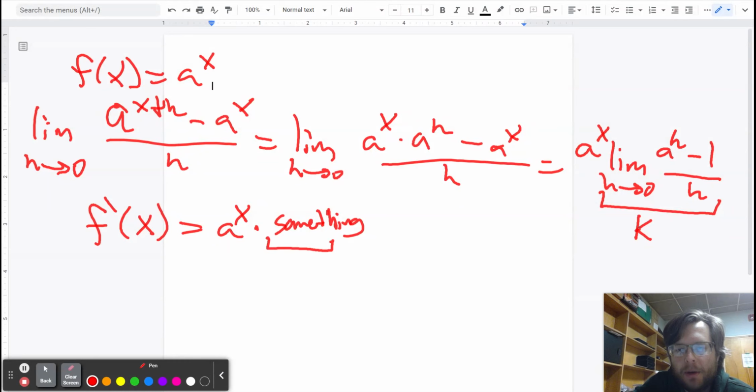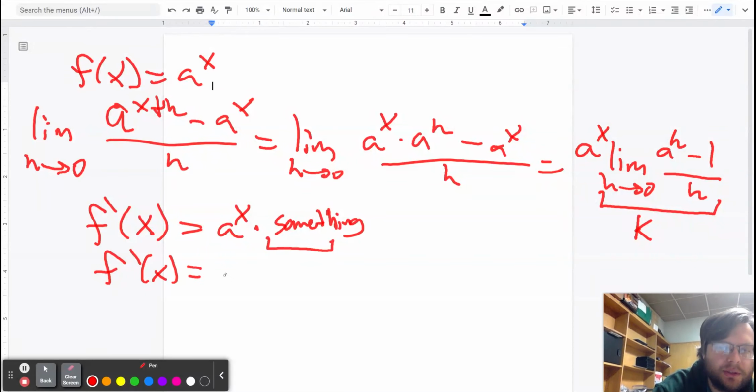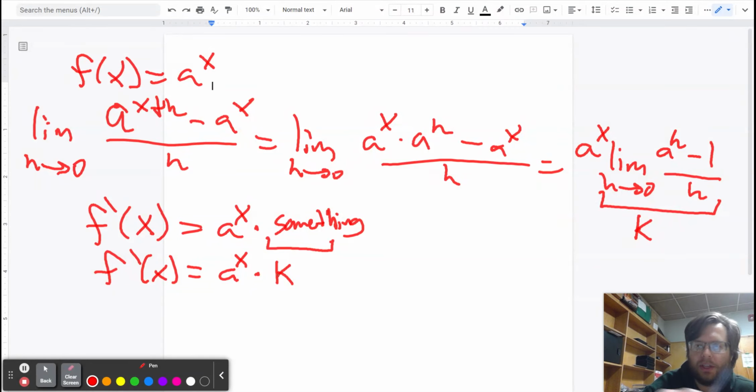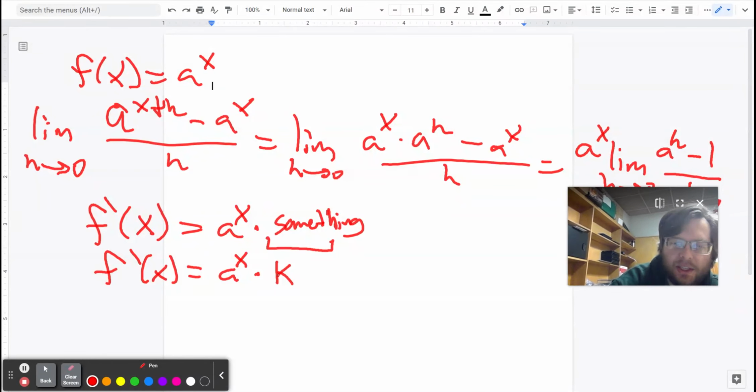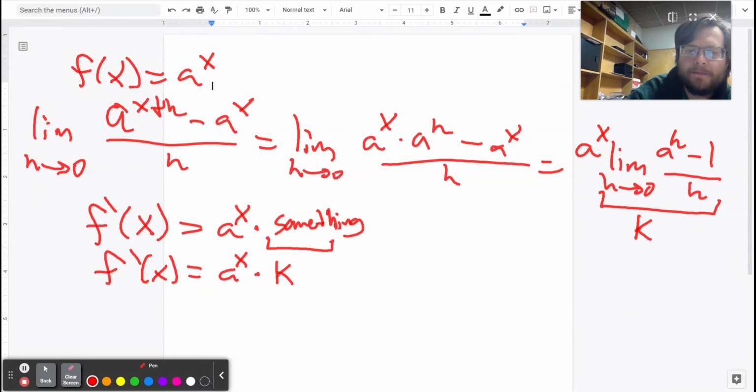But basically what I'm showing you so far is just that the derivative of an exponential function is itself times a certain constant. And so a natural question comes up, which is, when is that constant equal to 1? So let's consider that situation.